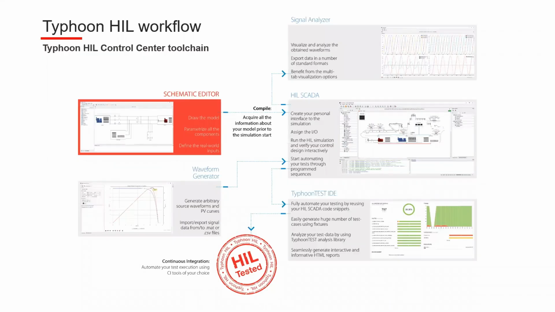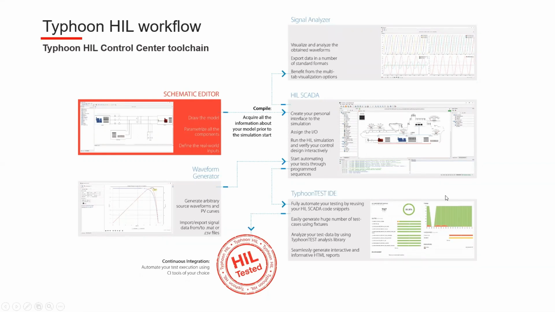Now, I'm going to switch a little bit to talk about the Typhoon HIL and the workflow there. So what we'll mainly focus on today are these three tools: the schematic editor, HIL SCADA, and Typhoon test.